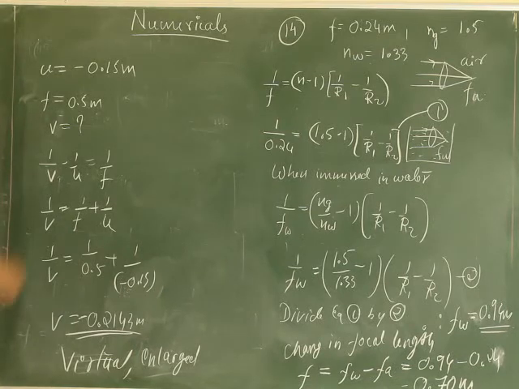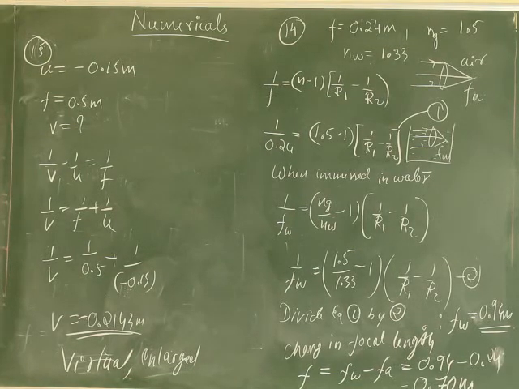So this is all about question number 15. Look at here, question number 15 answer I have solved. You can see the answer there. They have given a convex lens and object is placed at a distance of 0.15 meter. Focal length is 0.5 meter, right? That means what we can say from that?